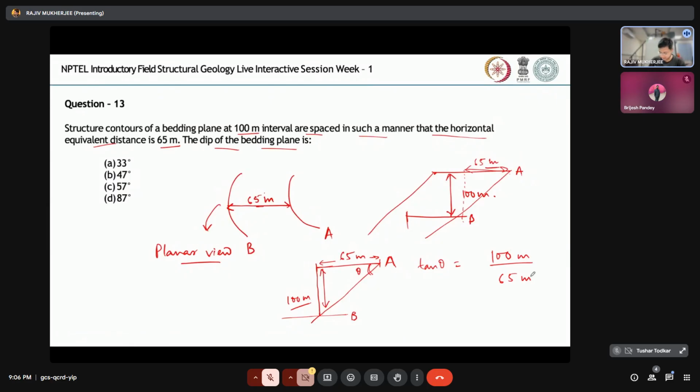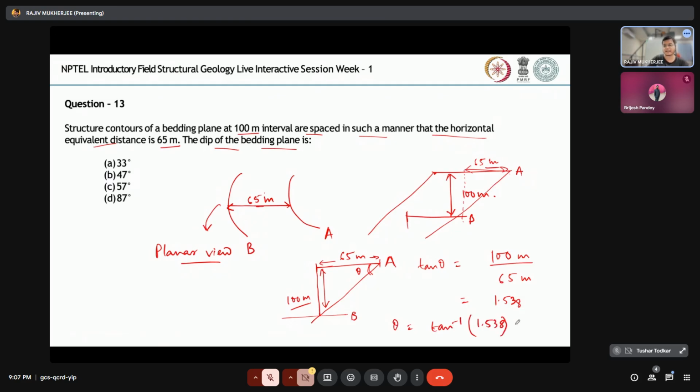And this ratio is 1.538. So theta will be tan inverse of 1.538.